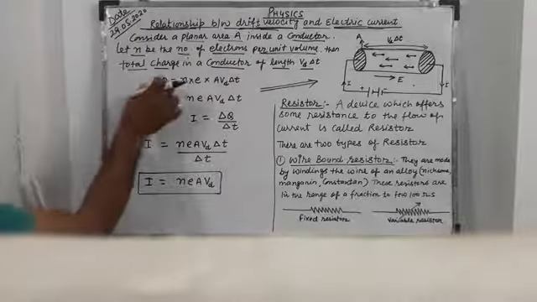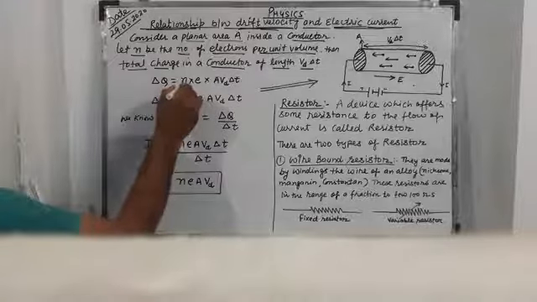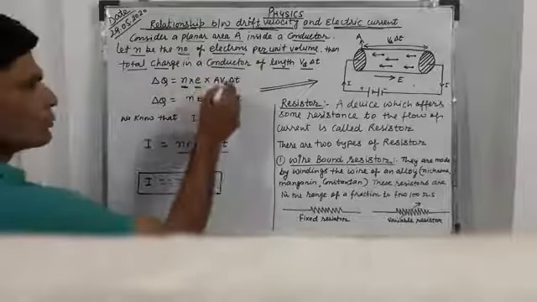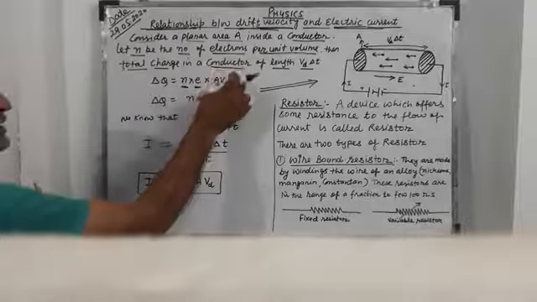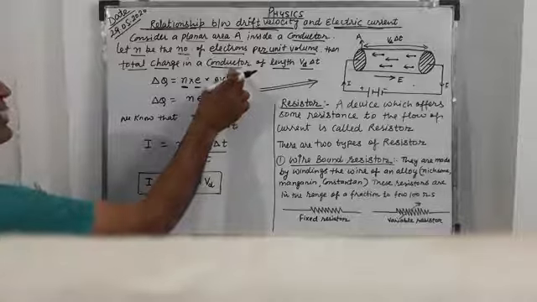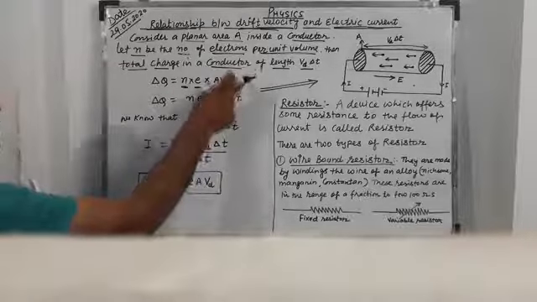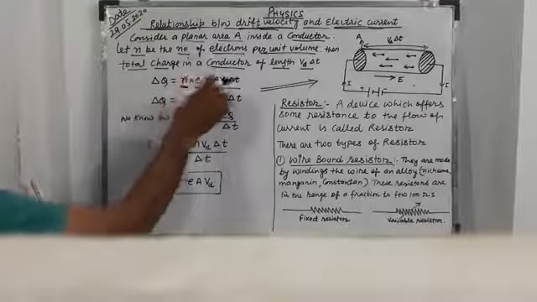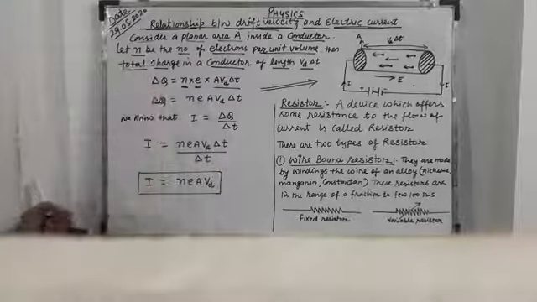So total charge delta q is equal to the number of electrons in unit volume multiplied by the charge of electron into volume. Area A times Vd delta t is the total volume, so n e A Vd delta t is the total charge.